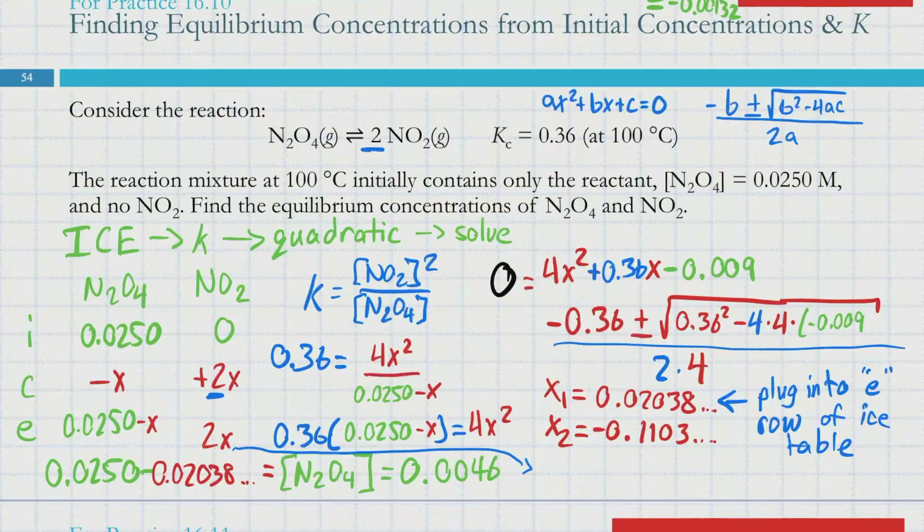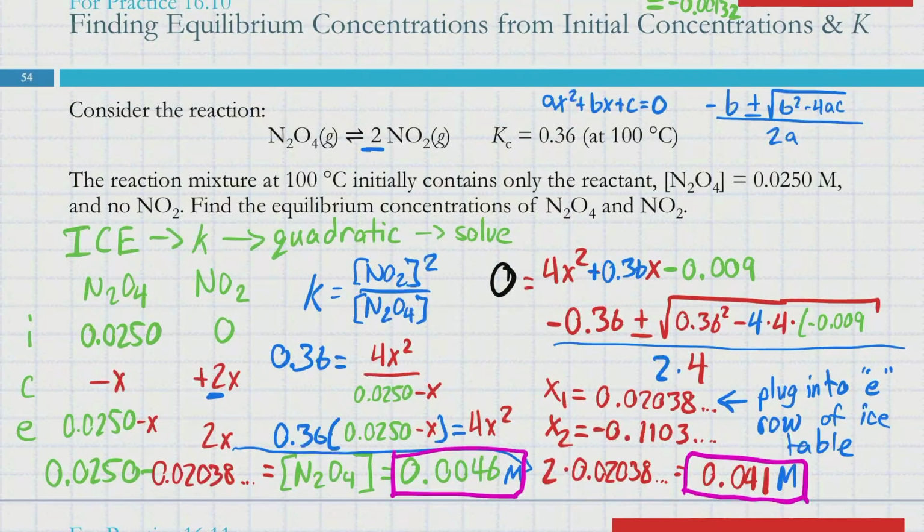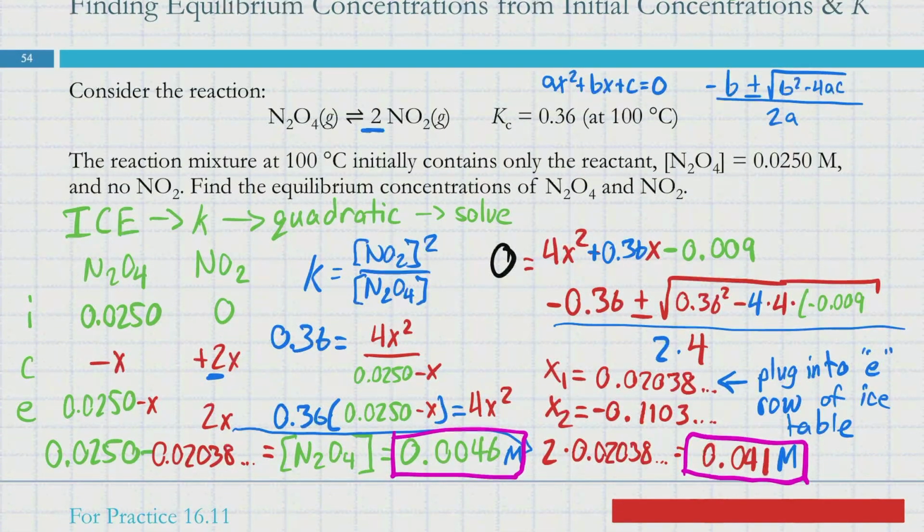And then 2 times that value, oh goodness. All right, 0.041-ish. A little bit messy. Questions?